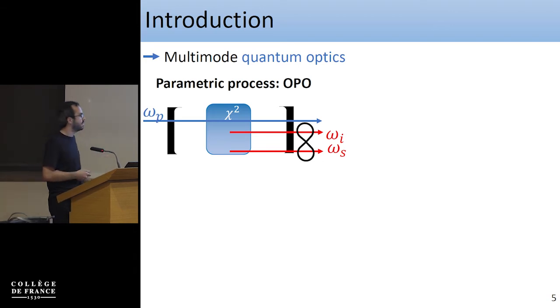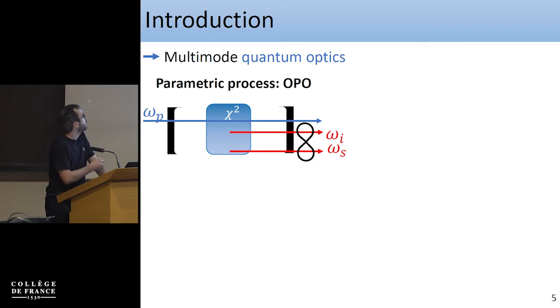It's not really interesting. In the lab, we produce a quantum state with what we call an OPO cavity. It's basically a cavity, like a Fabry-Perot cavity, resonant in the red wavelength. And we put inside a nonlinear crystal, and we pump this cavity with blue light.